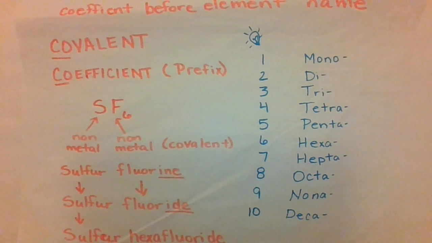You also want to make sure that you have the proper charges. So remember, our cations come first, and then our anions come second. Think positive before negative. Always give a compliment before you give a criticism. So positive before negative.